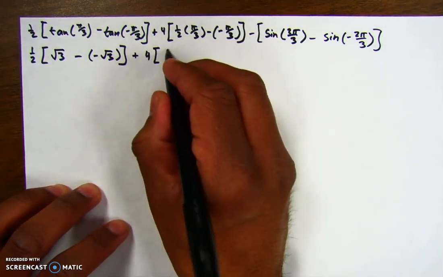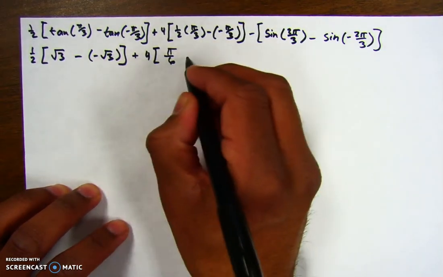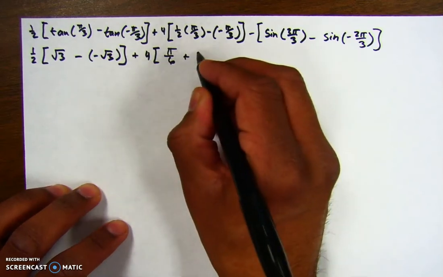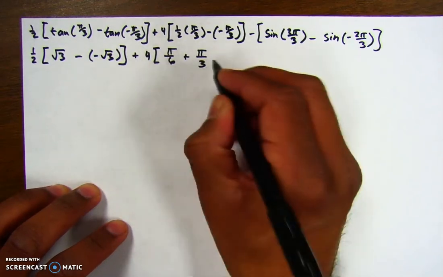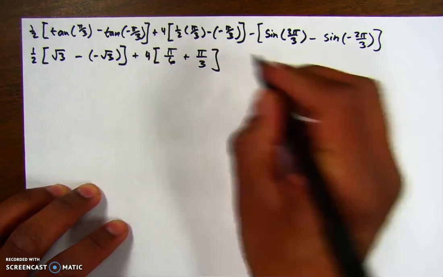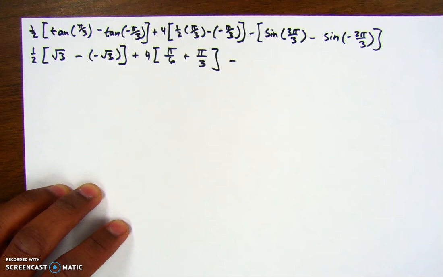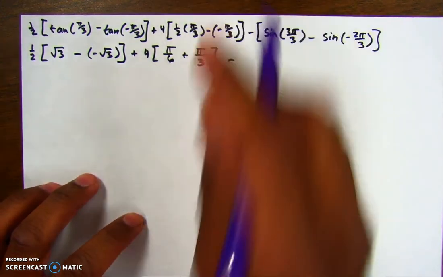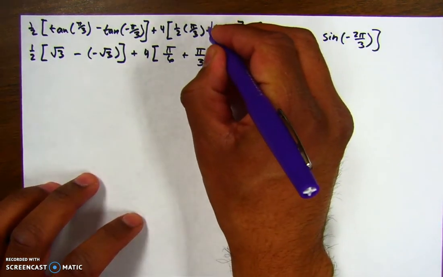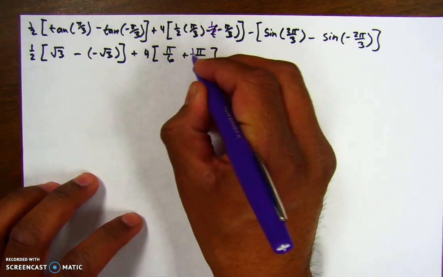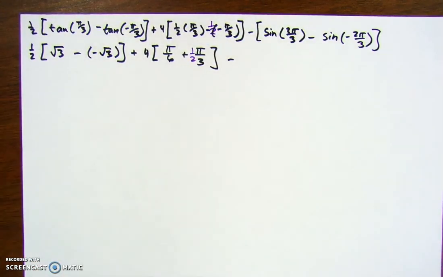Now this is pi/6 plus pi/3. Okay, and I actually forgot a 1/2. This is actually 1/2 here, so that's going to be pi/6. It should work out nicer.